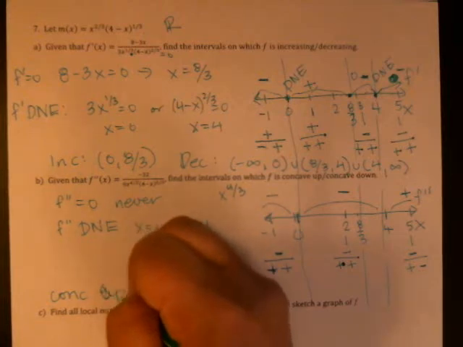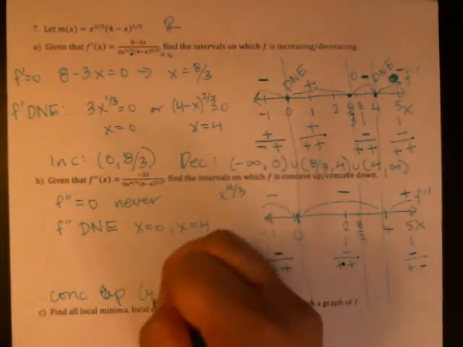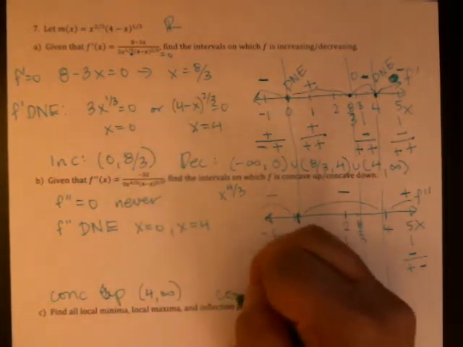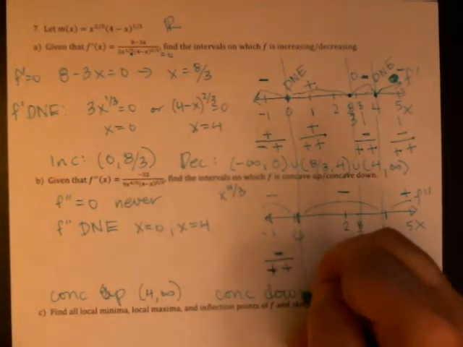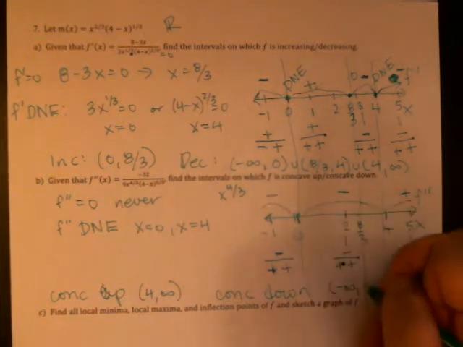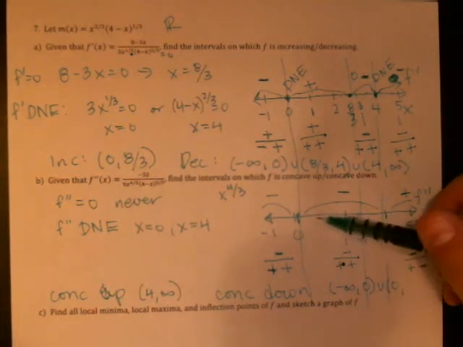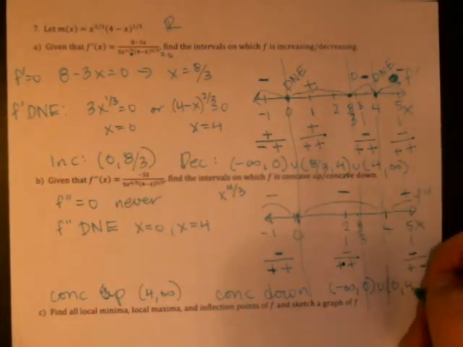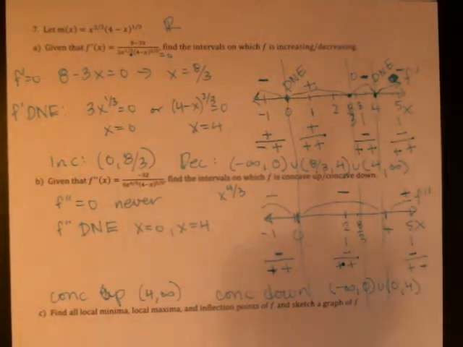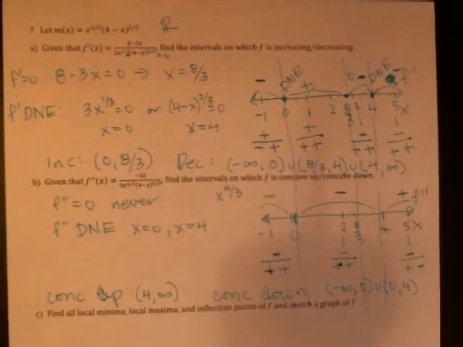concave up from 4 to infinity, and then concave down from negative infinity to 0, and then we want to leave out 0, something weird's happening there, and from 0 to 4, it's concave down again. Okay, so we have definitely something interesting happening at 0 and 4.